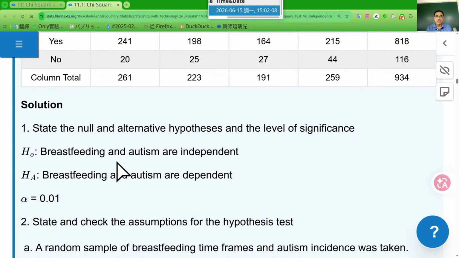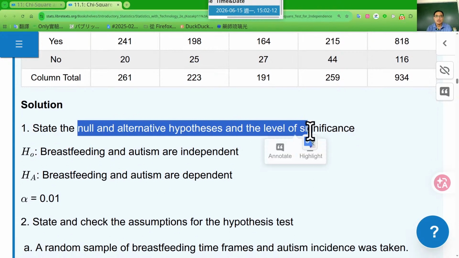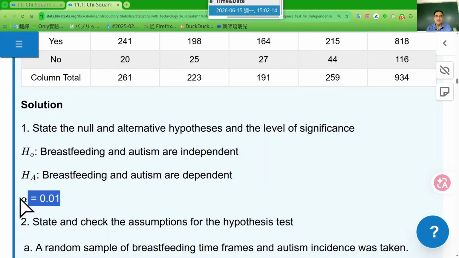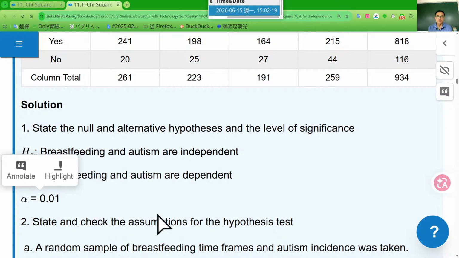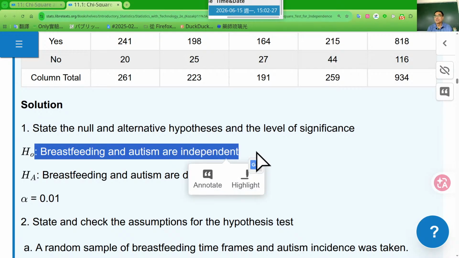Here, state the null hypothesis and alternative hypothesis and the level. The alpha is 0.01 as given by the question. The null hypothesis: breastfeeding and autism are independent. I cannot say breastfeeding causes autism, because they just have a relationship.